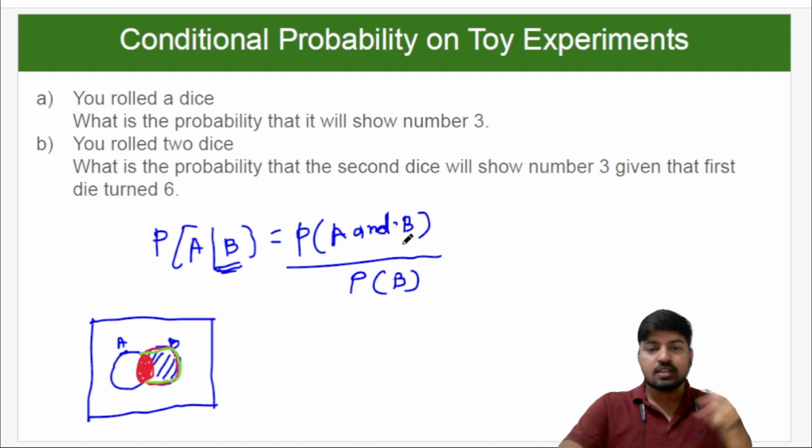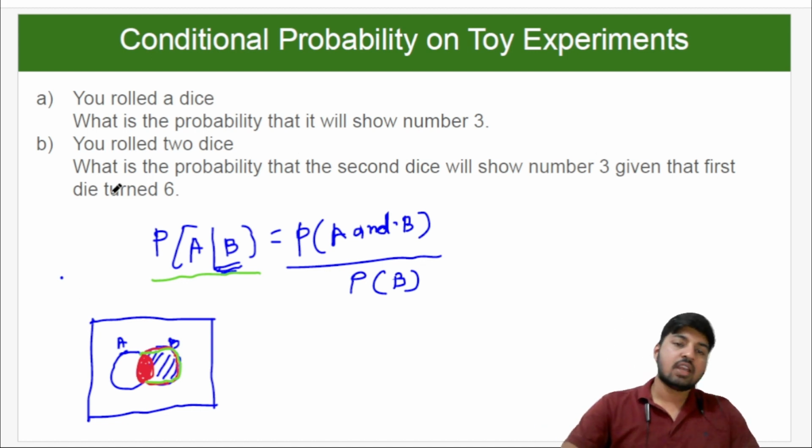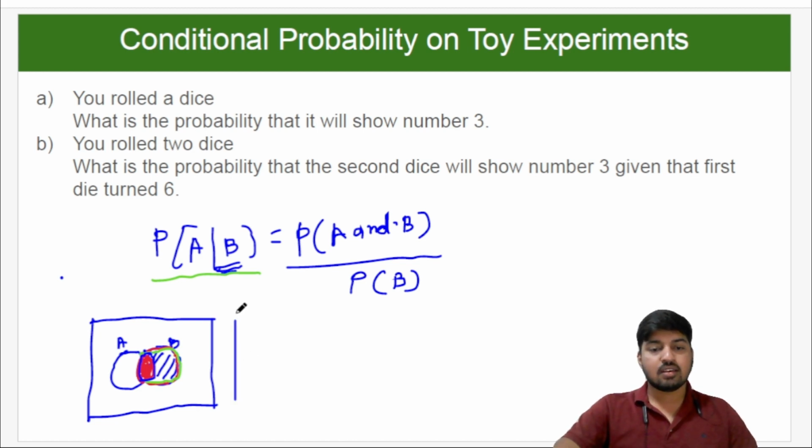So this is the intuition. You need not remember this formula. How this formula has arrived, you can derive yourself using this simple visualization tool: probability of A, probability of B, probability of A and B. So the probability of event A happening is there, and that's why in the case of independence, the events will have no intersection.